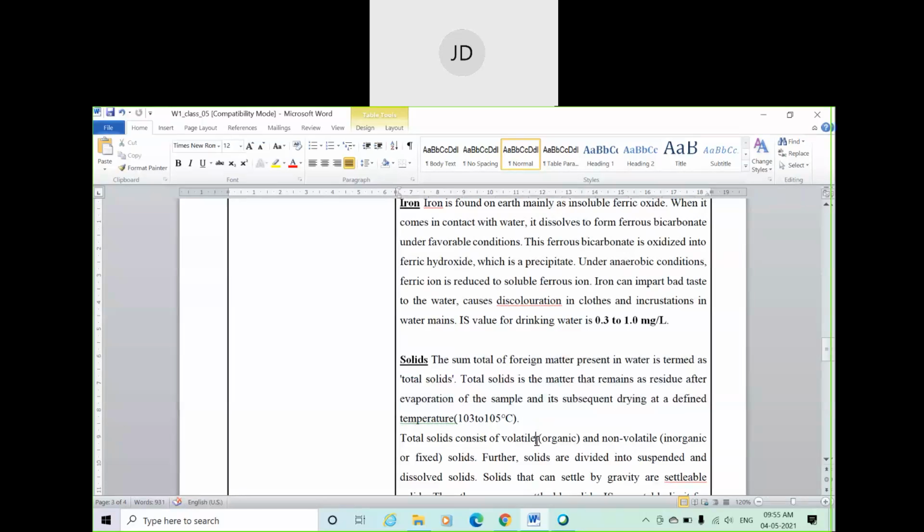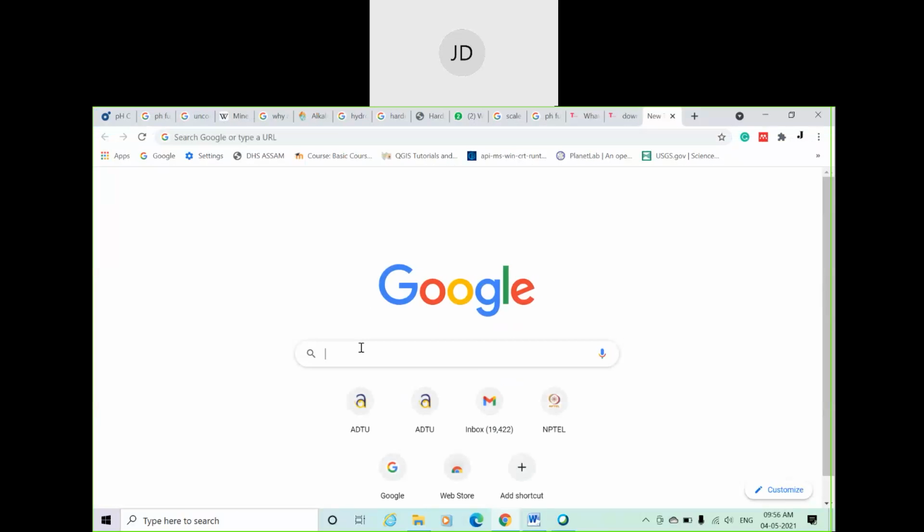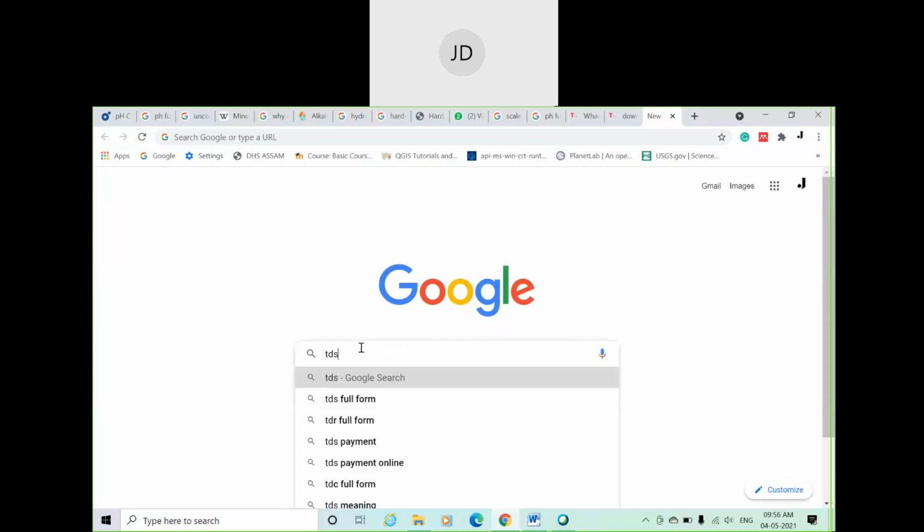You have heard the term TDS meter, right? Total dissolved solid meter. A TDS meter is used to find out the tolerable limit of solid present in water. I'll show you.